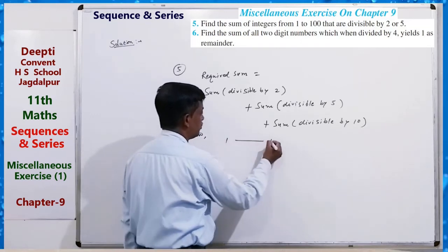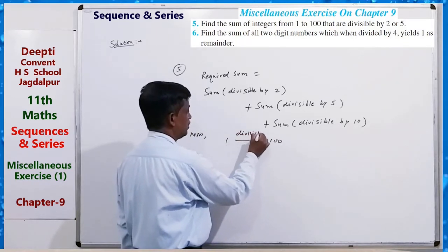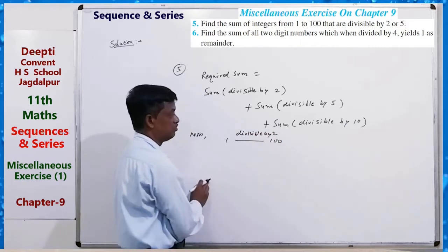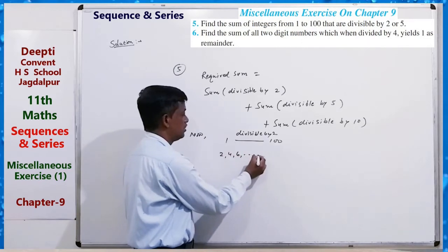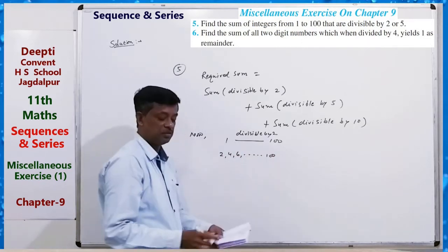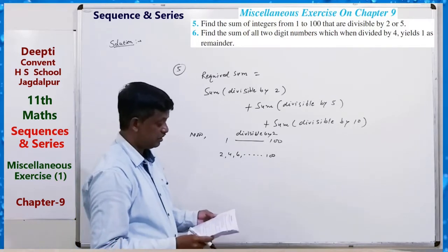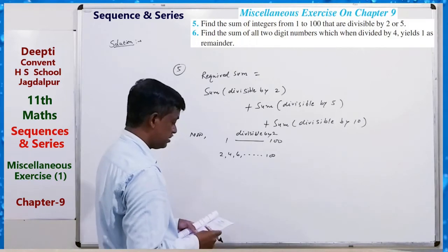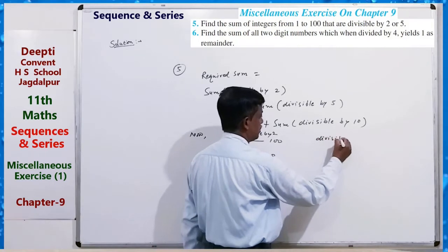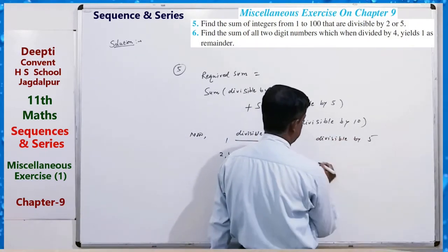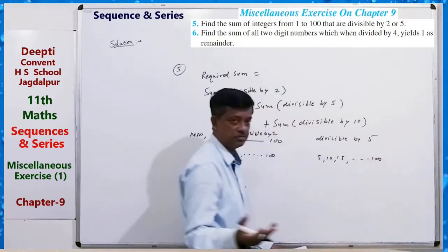Now, 1 to 100 divisible by 2. What will be the numbers? 2, 4, 6 up to 100. These are the numbers. Clear? And divisible by 5: start from 5, 10, 15 up to 100 also.